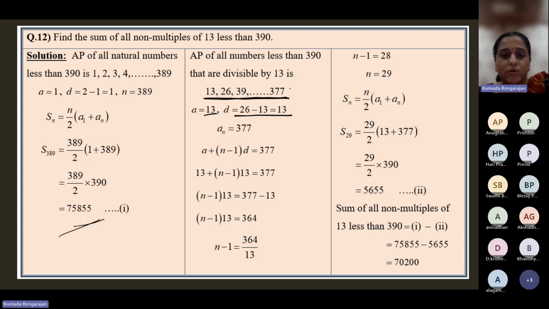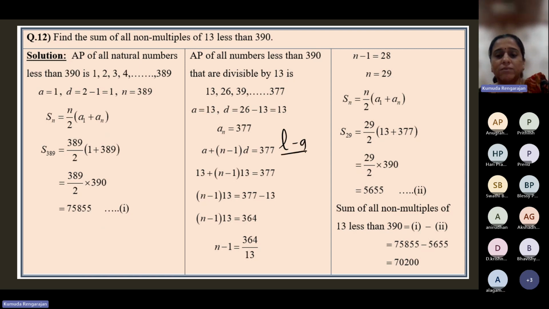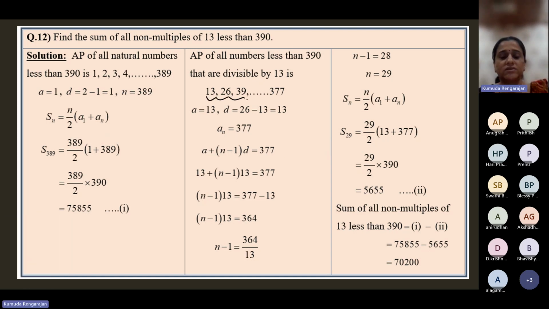And to find the sum of the numbers from 13 to 377, you need to know the value of n. So n you can find using (L minus A) by D plus 1, or working it like this. An is equal to 377. So work and find the value of n, 29. So there are 29 terms in this progression. So find S29: 29 by 2 of the first term plus the last term.